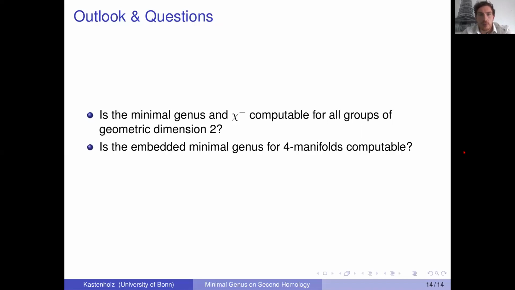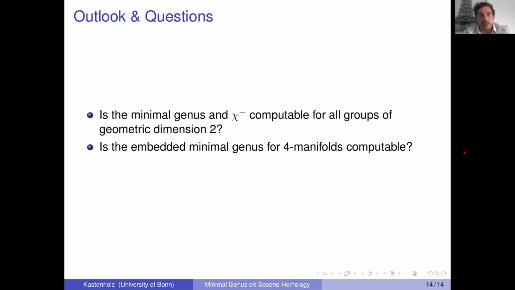And the second question I have is connected to the embedded minimal genus case for 4-manifolds. Because every finitely presented group arises as the fundamental group of a 4-manifold. And one can also translate between finitely presented groups and 4-manifolds quite well.